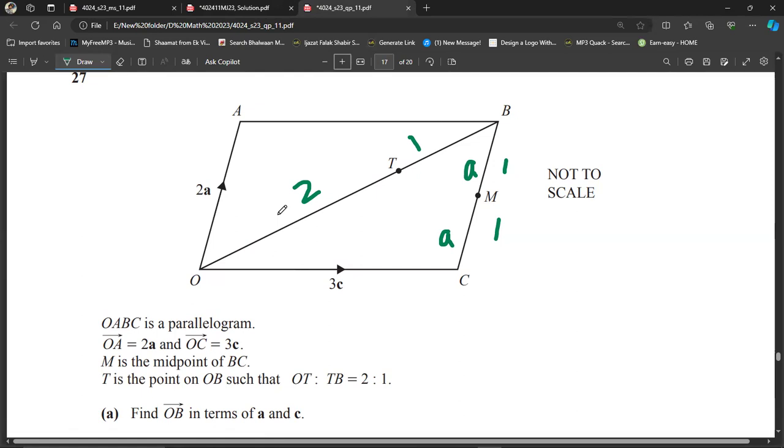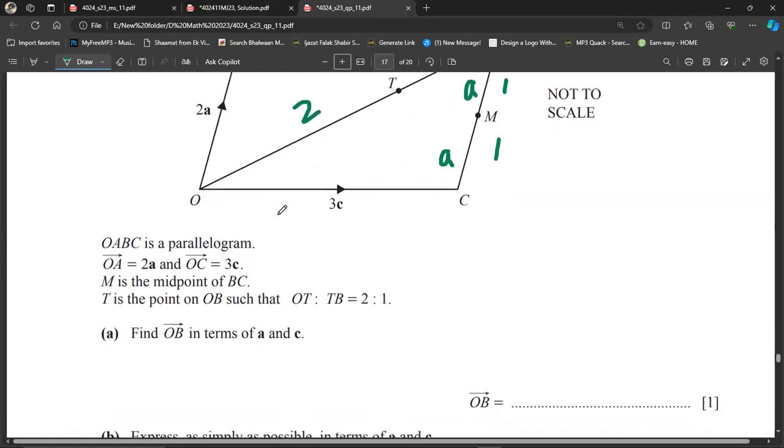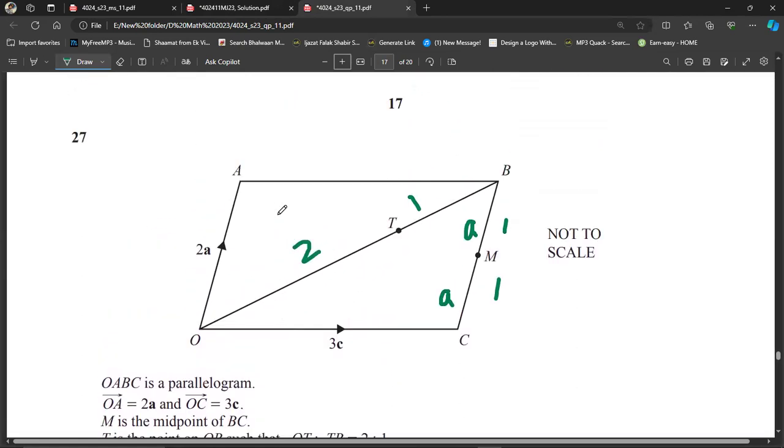He says find OB in terms of a and c. The first question is find OB. They want me to find out OB. Very simple. From O, go to A. From A, go to B. O to A is 2a, and A to B is equal to OC, which is 3c. So this is 3c if you go in this direction.